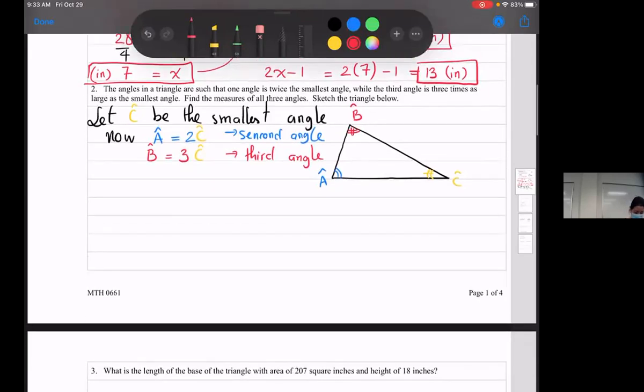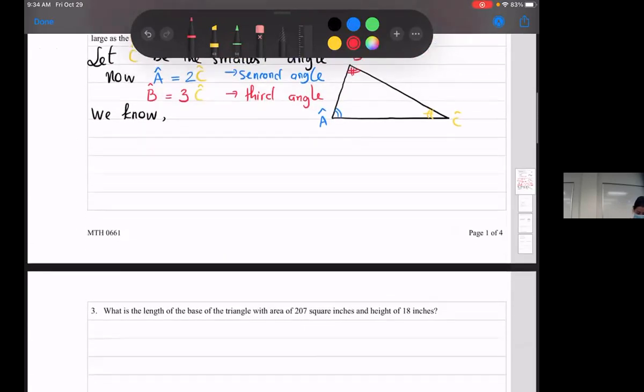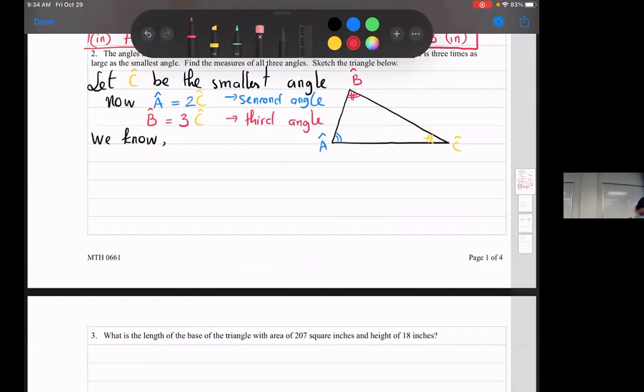What is the total of all angles added together equal to? We know that all of them add up to 180. Remember, right here, up here. Then A plus B plus C equals 180.